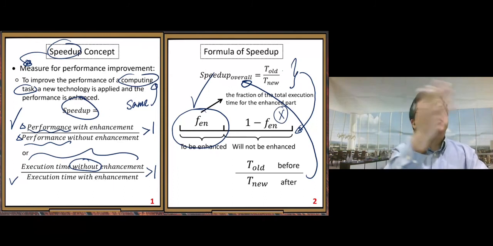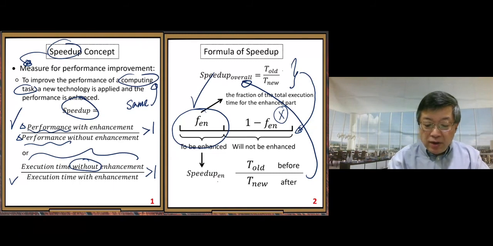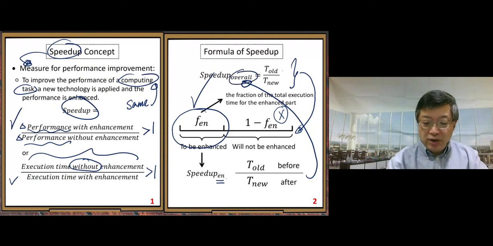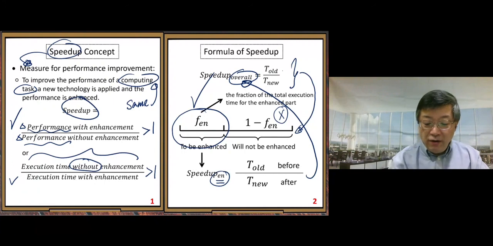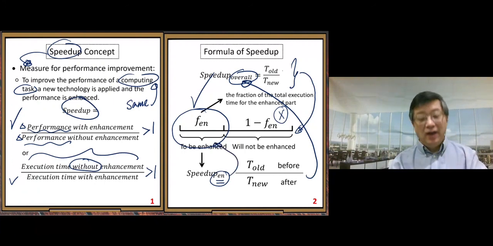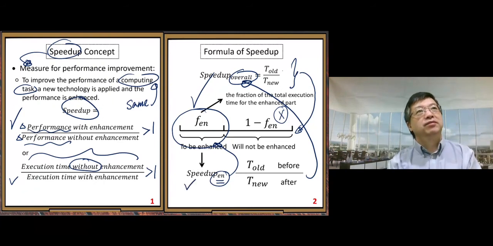We want to know that, so we need another measure for it: speed up En part. So you can see two different speed up numbers, one overall, another only the En part. And we need this number.